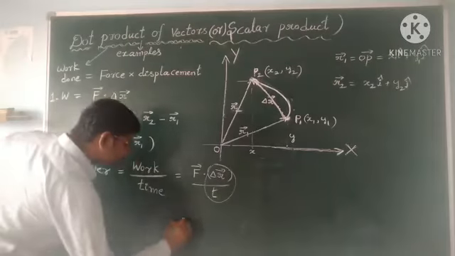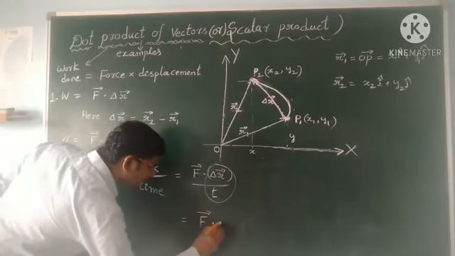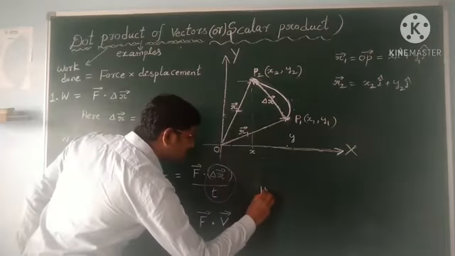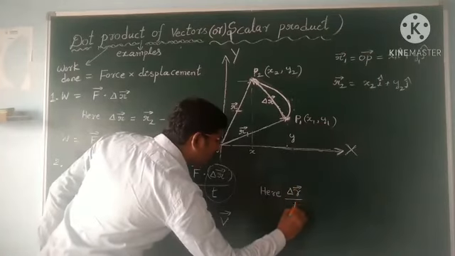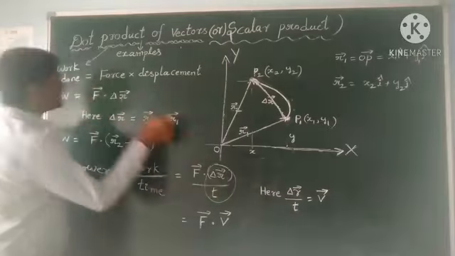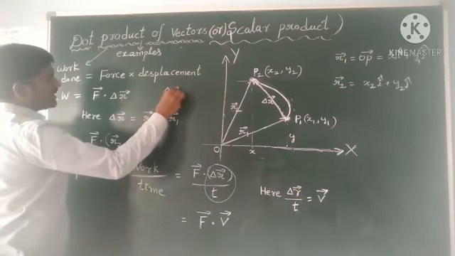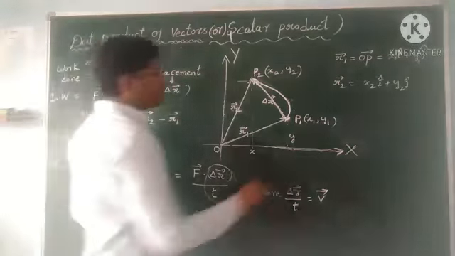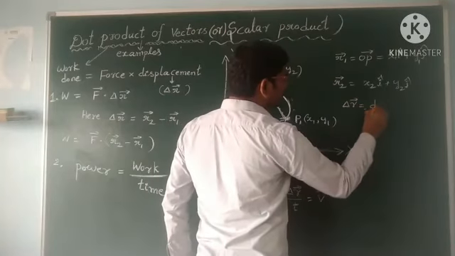Then it will become F bar dot V bar, force dot velocity. Here delta r bar by t is called the velocity vector V bar. This delta r bar is called displacement.